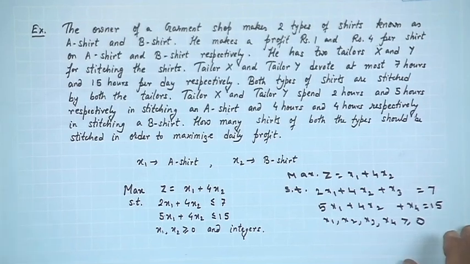So, here your x3 and x4 are the slack variables.